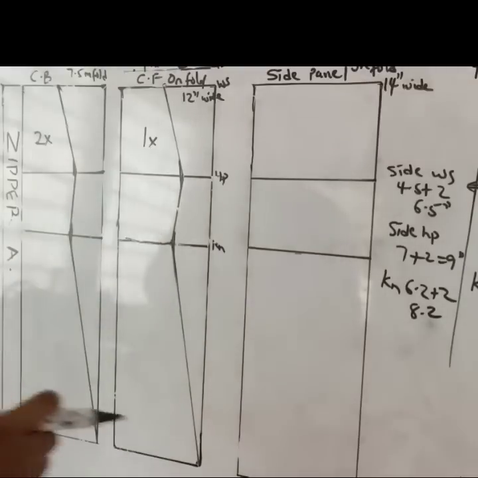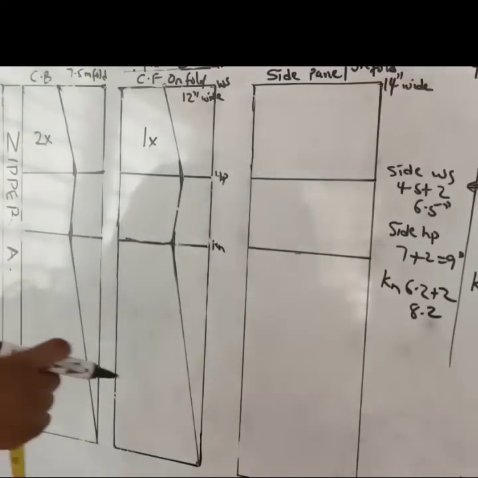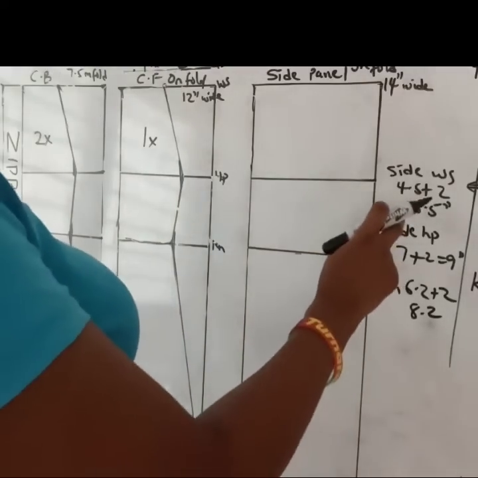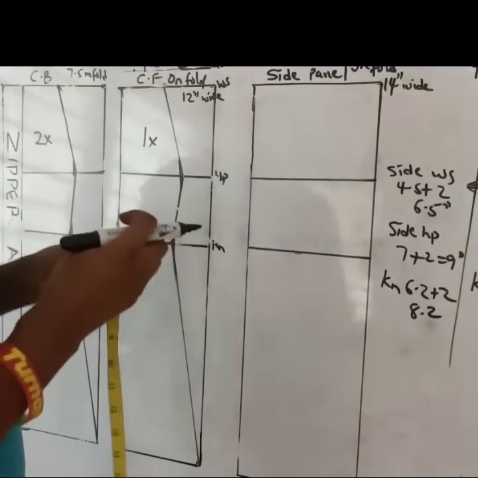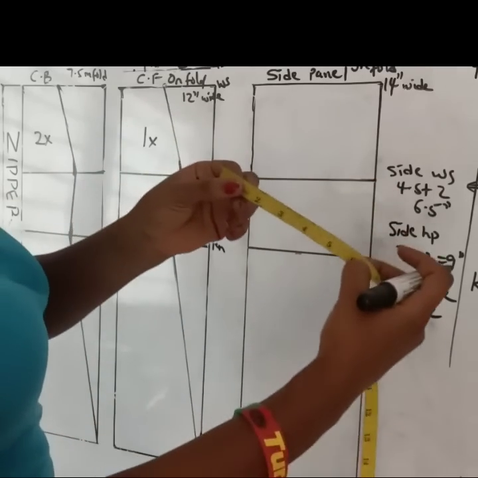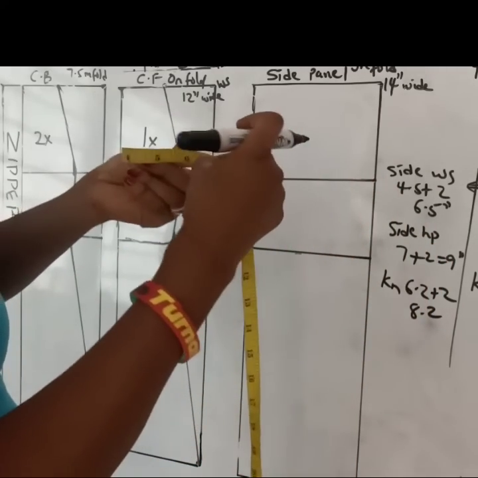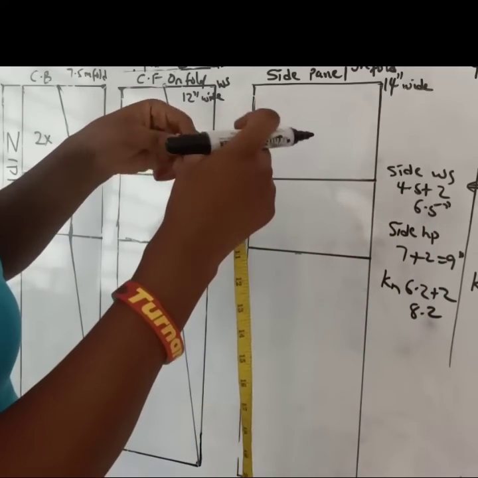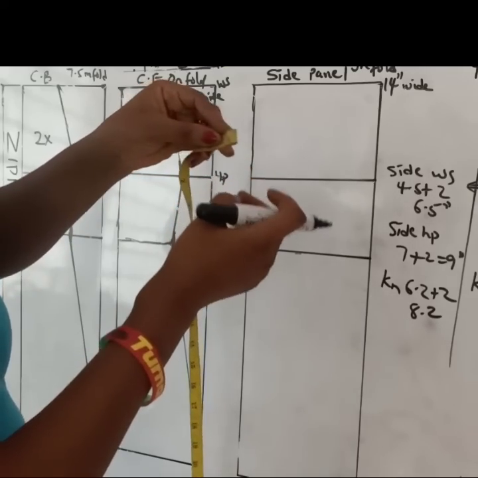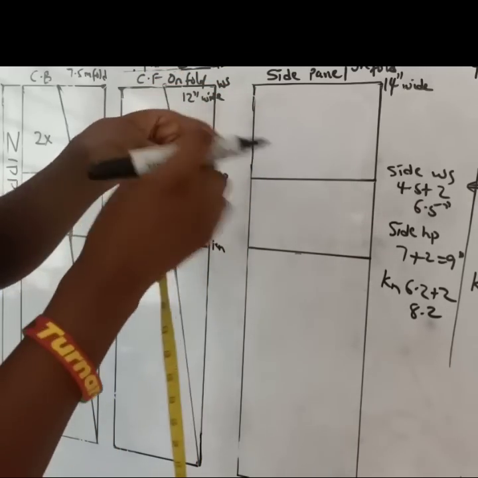So on the waistline we are going to be using 6.5. So unfold, that will give us 3.25.